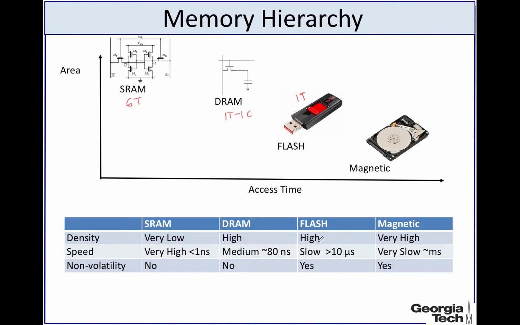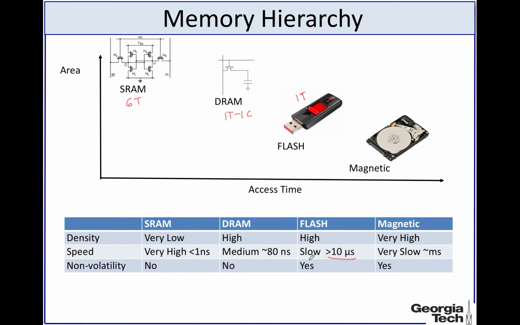On the other hand, the speed is actually much slower than both SRAM and DRAM, and the reason is that program and erase are very slow processes. Putting electrons into the floating gate or removing electrons from the floating gate is a slow process, and that essentially means that flash is slower than both SRAM and DRAM.